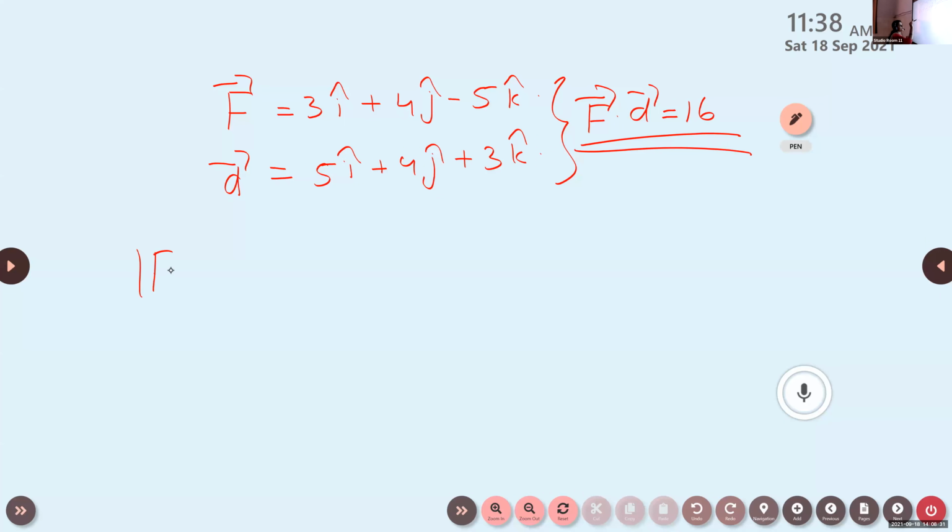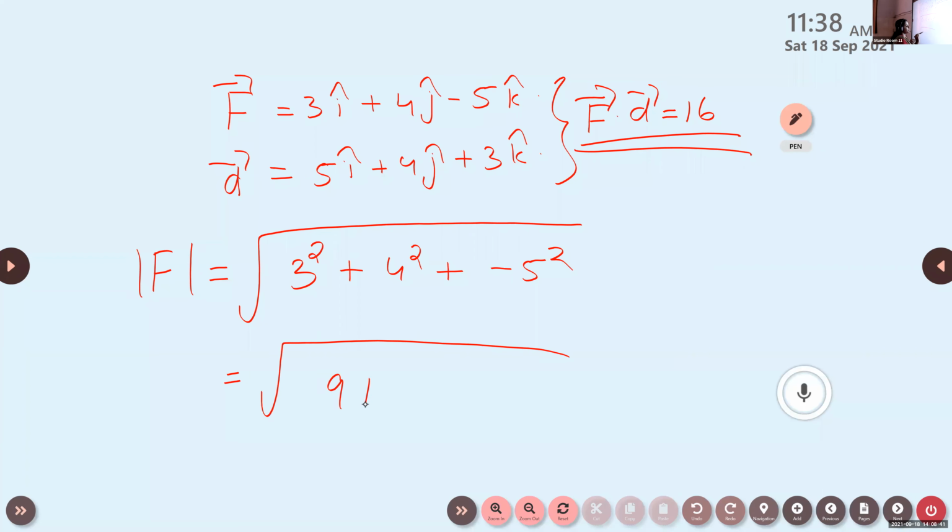Magnitude of vector F is equal to square root of 3 square plus 4 square plus minus 5 square, that is equal to square root of 9 plus 16 plus 25, that is equal to root 50. Right.